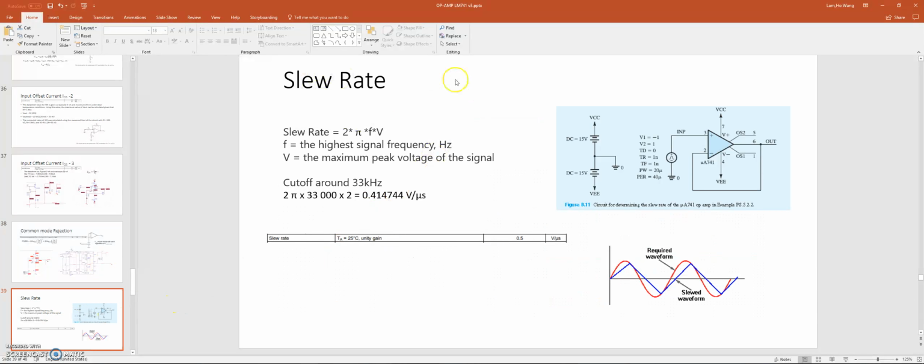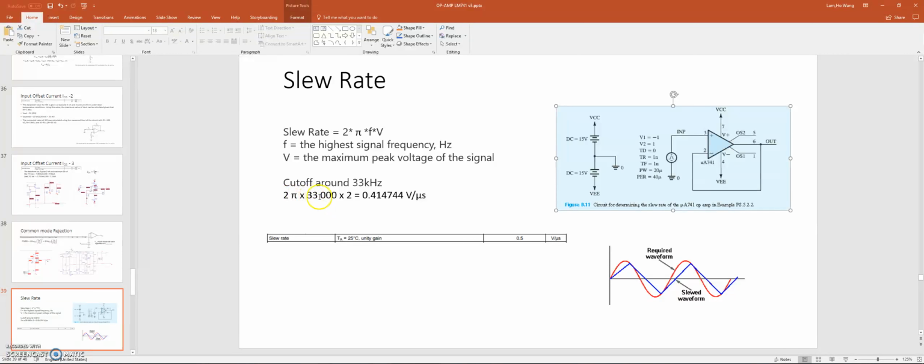And here's the slew rate. Slew rate is described when a waveform is slewed when it's close to the cutoff frequency. Our cutoff is around 33 kilohertz on this setup, the gain of 2 setup. So here's the formula for calculating the slew rate, and here's the schematic from the book for how we can simulate it.